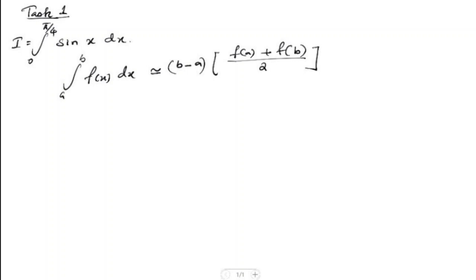So for our function, if we derive this, we get: our b is pi over 4, minus a, which is 0, times our function sine x, and instead of x we put the value of a, which is 0, plus sine of pi over 4, divided by 2.